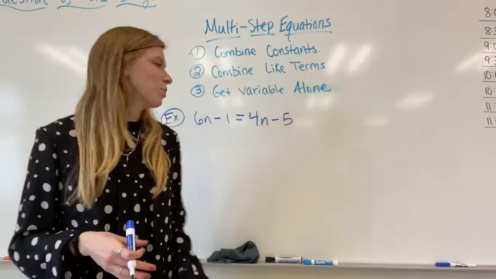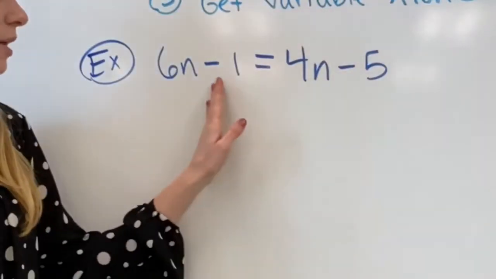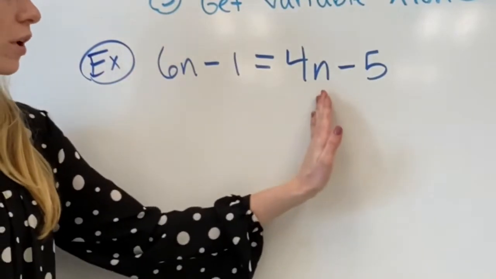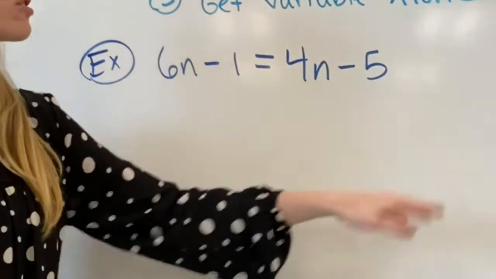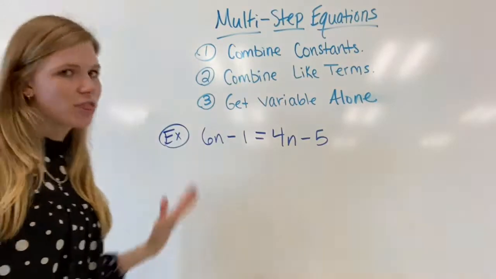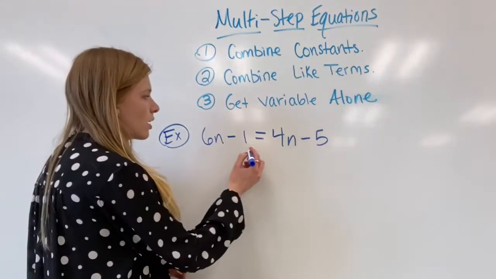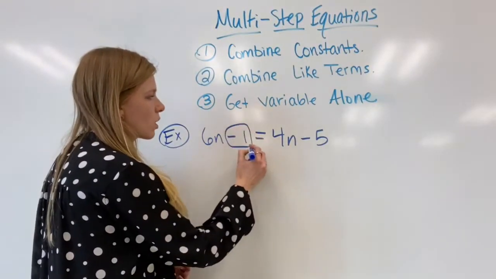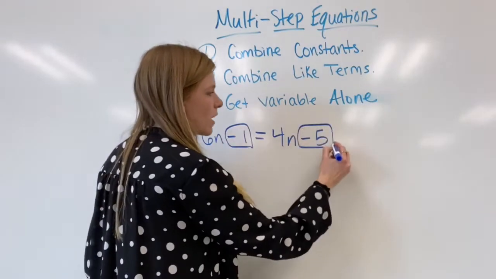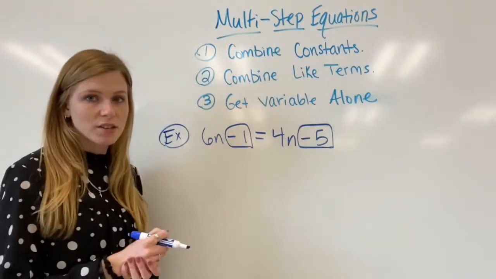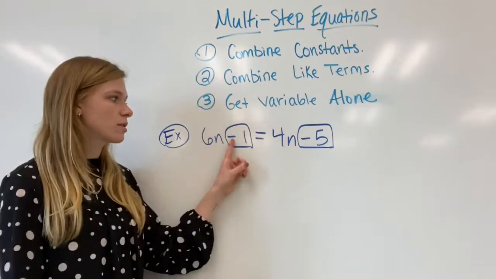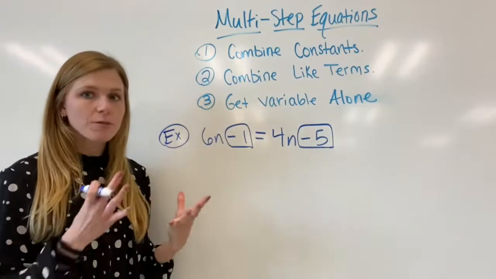For my first example, I have 6n minus 1 equals 4n minus 5. So step number 1, combine the constants. I notice that this minus 1 and this minus 5 are my constants. I can view this as a -1 and a -5.